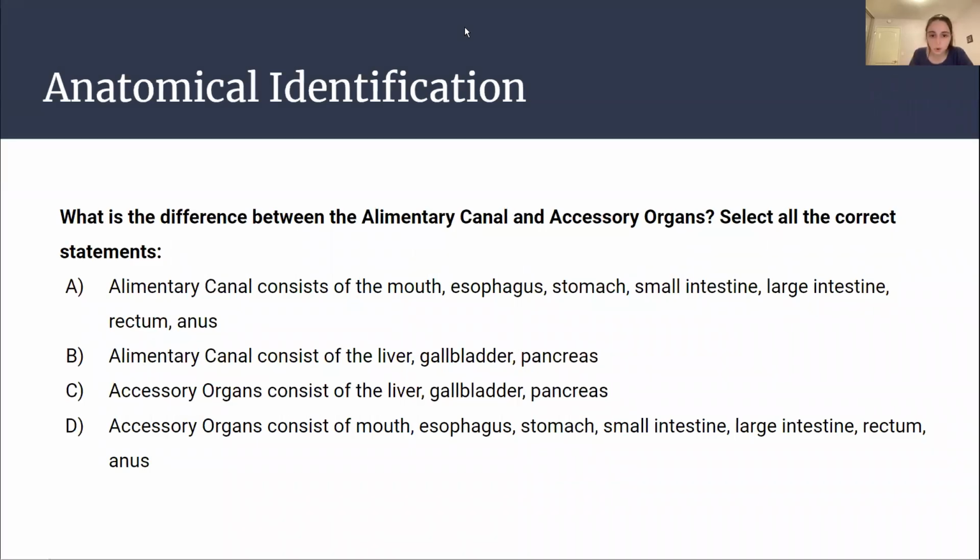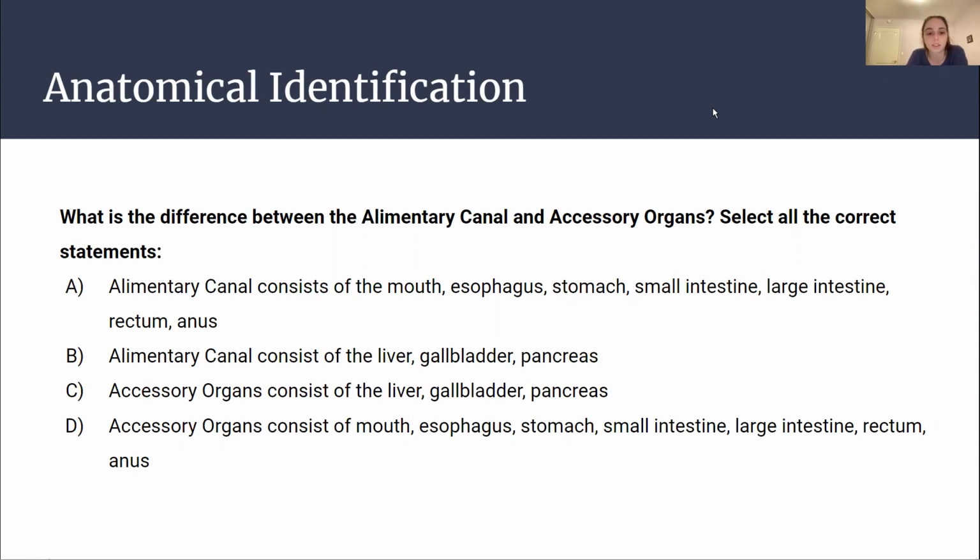So similar question, what is the difference between the alimentary canal and the accessory organs in terms of what do they consist of? What are the organs that make up the alimentary canal? And what are the organs that are classified as the accessory organs? And this is also a select all that apply.